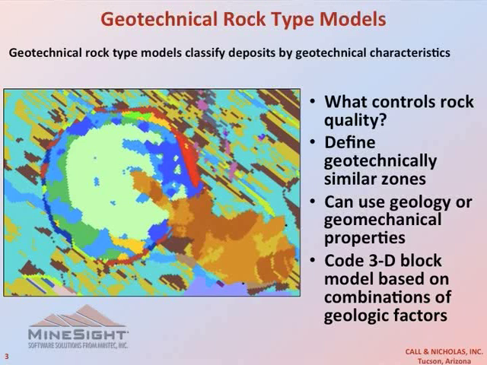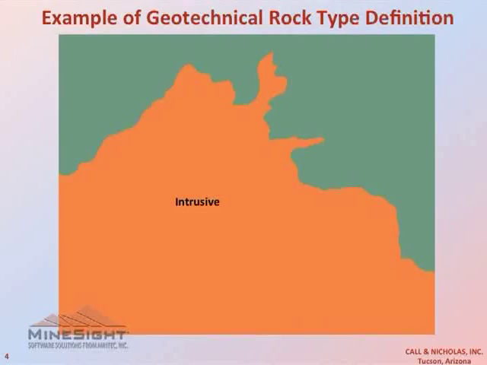We've done them both ways. The geology is really where the basis for all this modeling starts. And then we're coding 3D block models based on the combination of all the geologic factors along with the geotechnical factors.